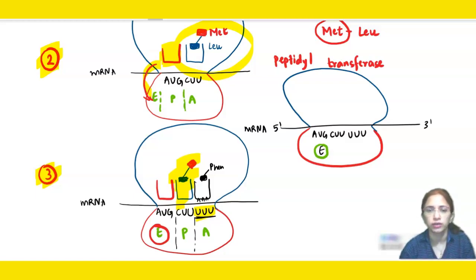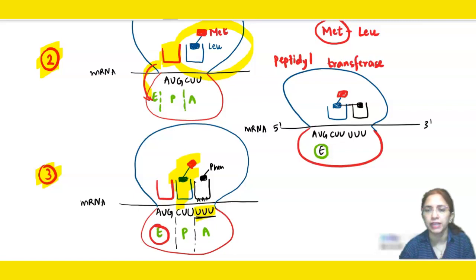Okay, so what do we have here? We have a P site and it has 2 amino acids on it, and that's what I have drawn here. Now what will happen? This amino acid which is holding the phenylalanine will form a peptide bond.